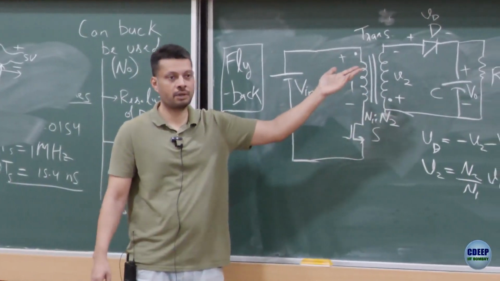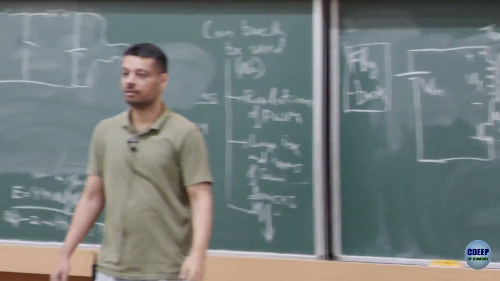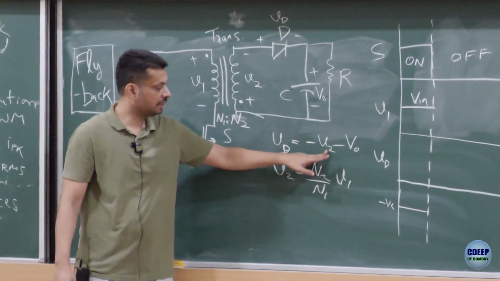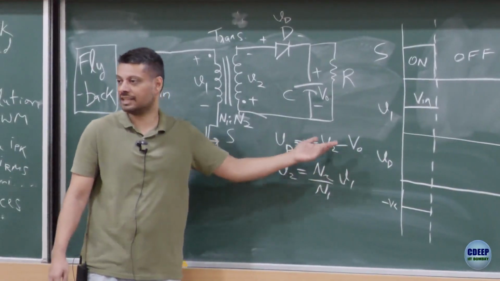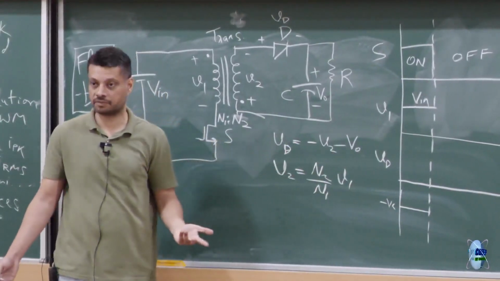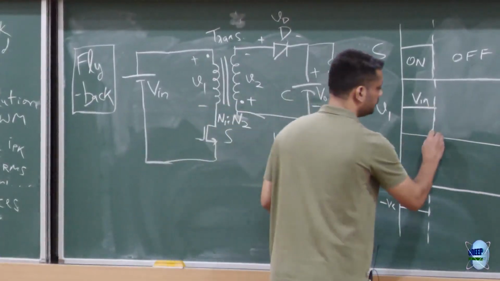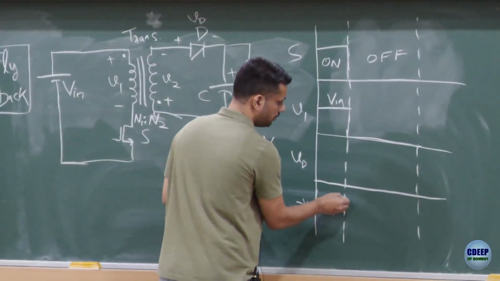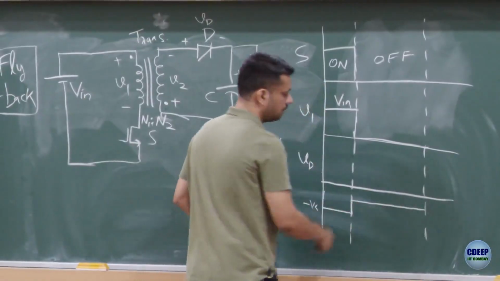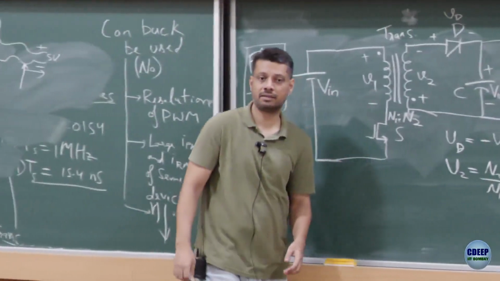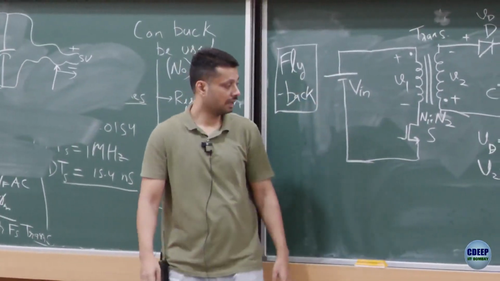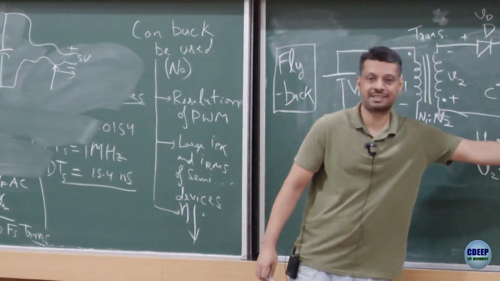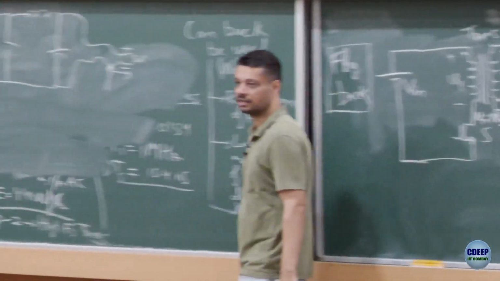Would the diode be forward biased or reverse biased? What is VD now? This is 0, this is still 5 volts, so VD is still minus 5, so the diode is still off. Is that okay? Earlier it was more negative, now it's less negative, but nevertheless negative.